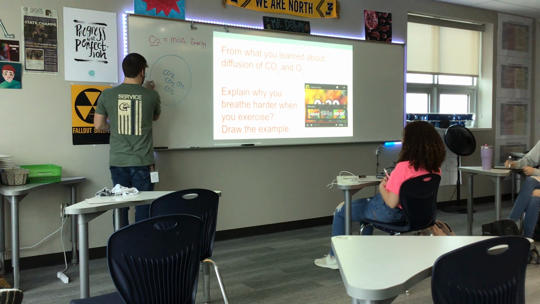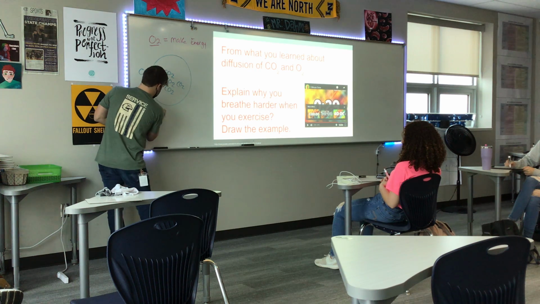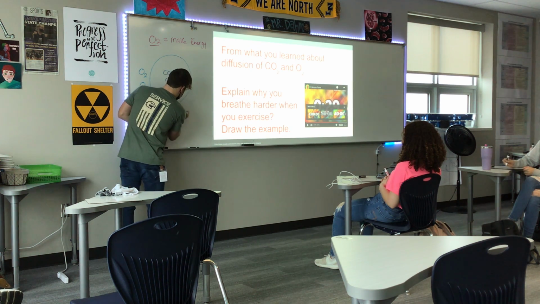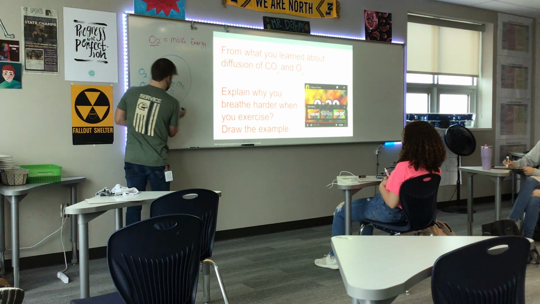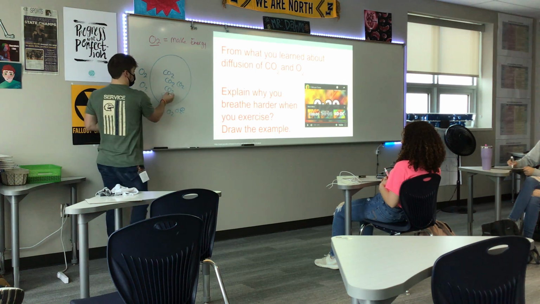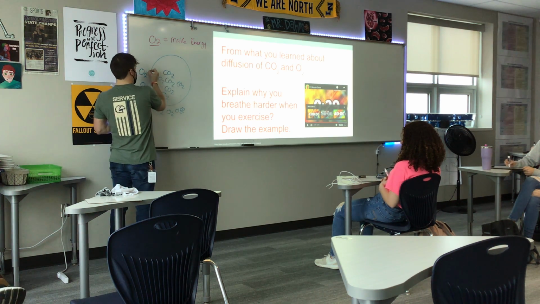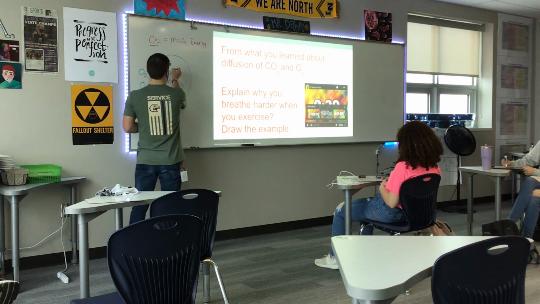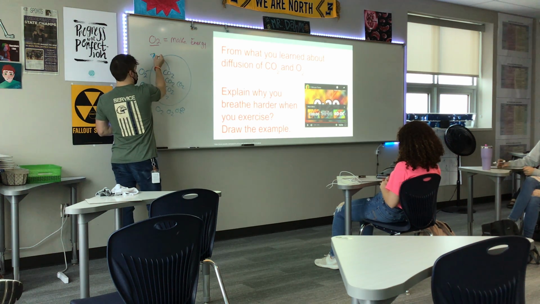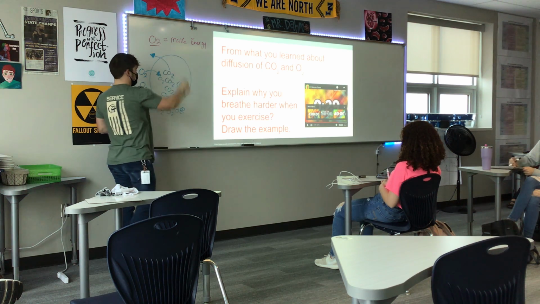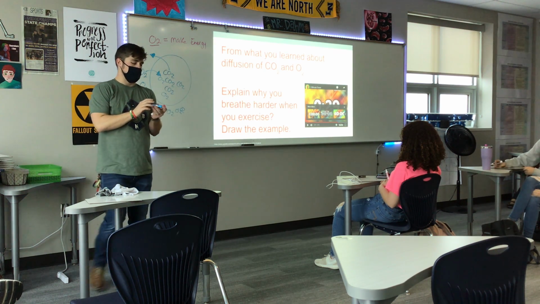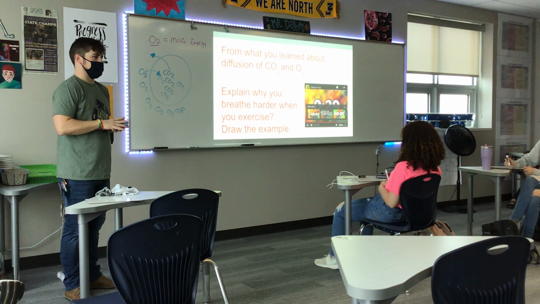As you breathe in harder, your bloodstream is going to be loaded with what? Oxygen. Which is going to mean that the oxygen is going to move where? Into the cell. And the CO2 is going to move where? Out into the bloodstream so that you can do what with it? Breathe it out. Right? That makes sense?